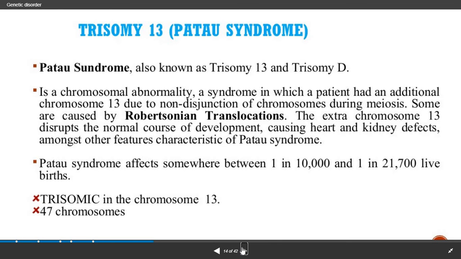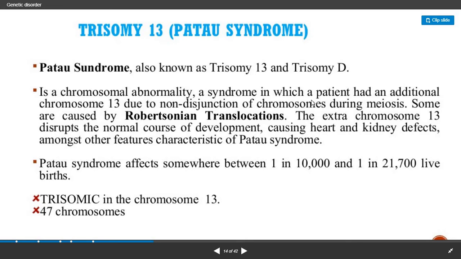First we will see Patau syndrome, where trisomy appears at chromosome 13.